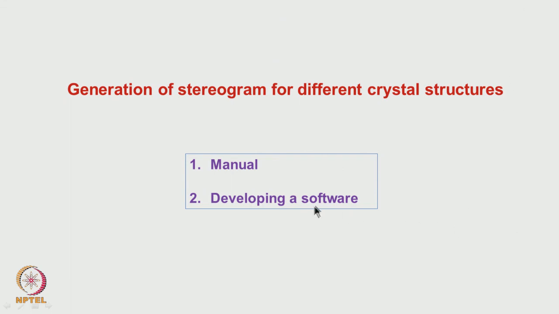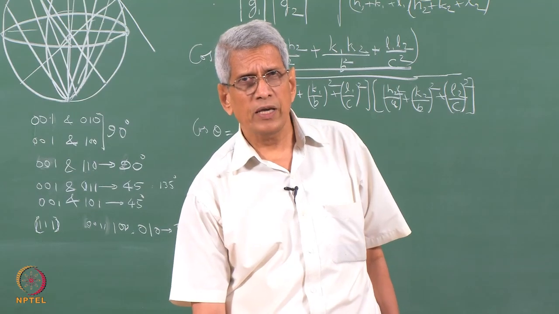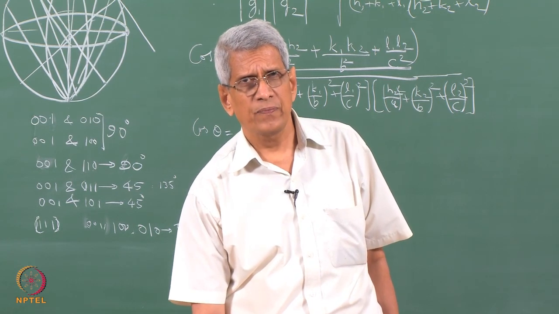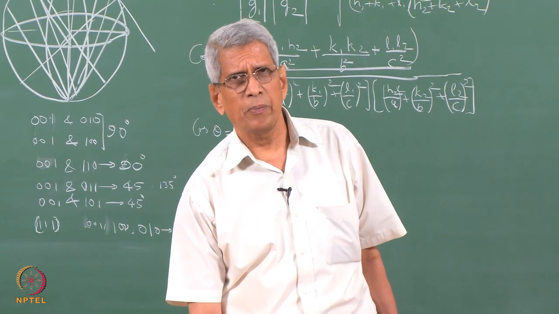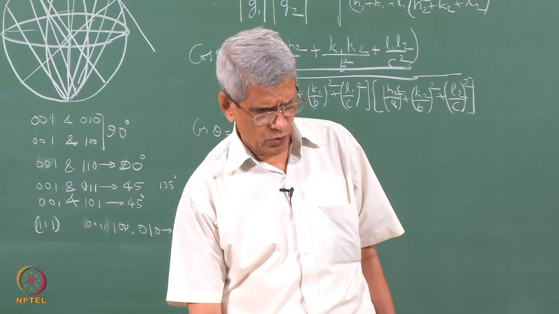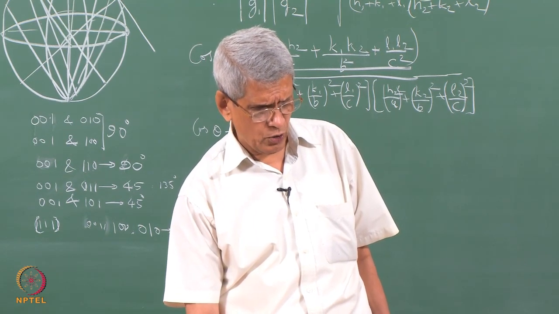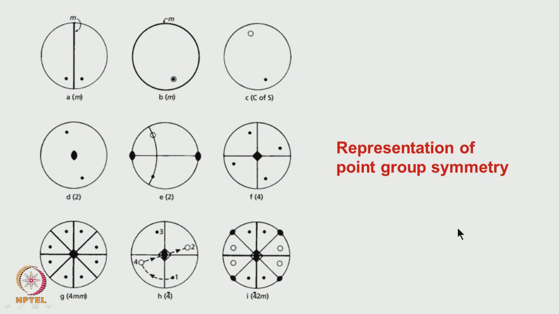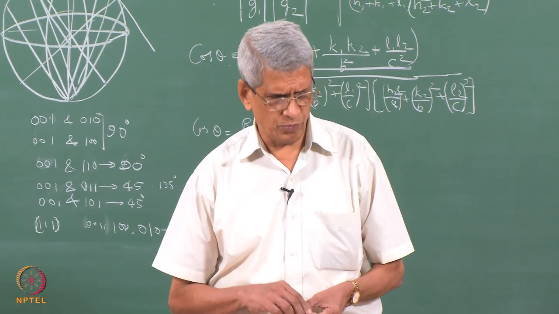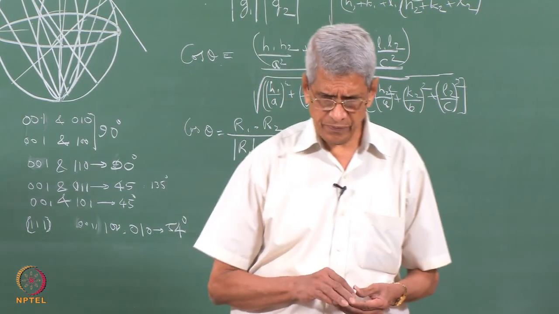But that will look like a black box unless you understand what it does. For that, trying to develop stereograms manually and using them, that way you gain experience, and then the confidence in your analysis will increase considerably, okay. Now what I will do is show how this stereogram is used in the representation of point group symmetry.